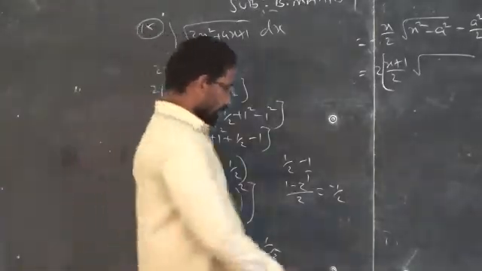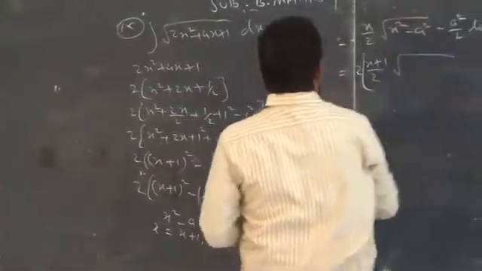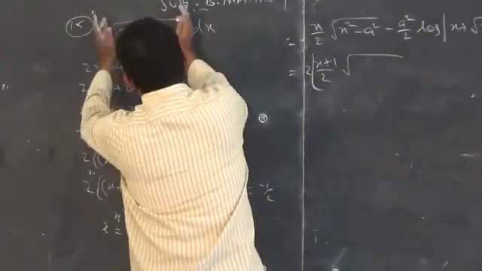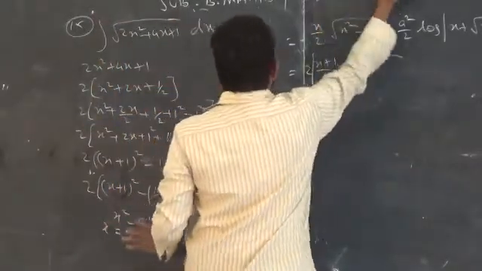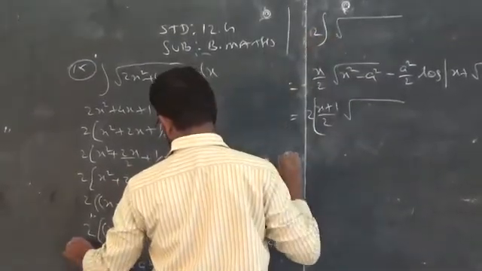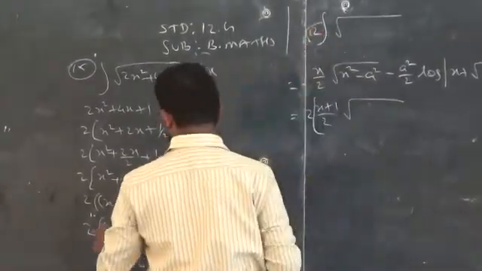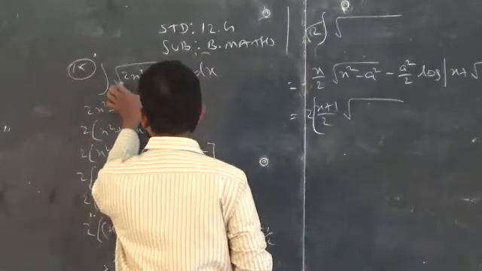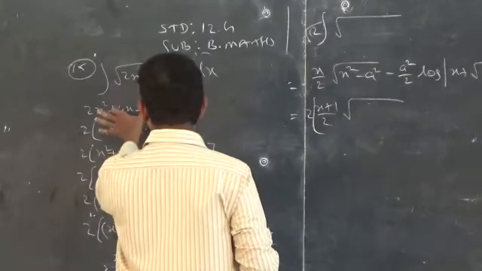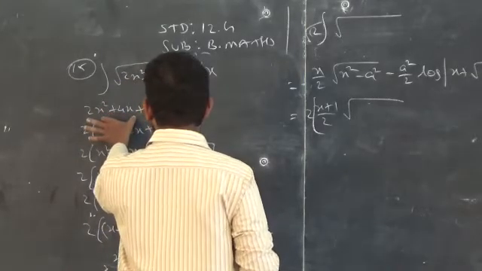I did not write the question, so rewrite it yourself. The entire integrand will become square root of, what is that? 2 I take outside, that is root 2. When you take 2 outside, everything else is inside the square root. Here I take only the terms which are inside the square root.